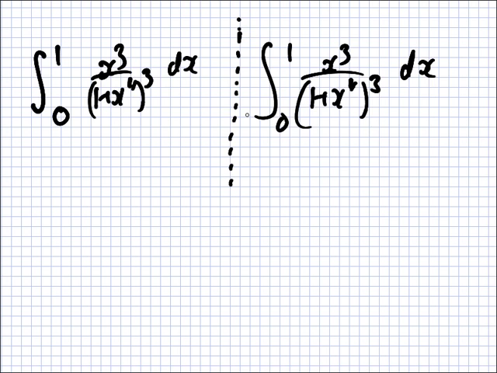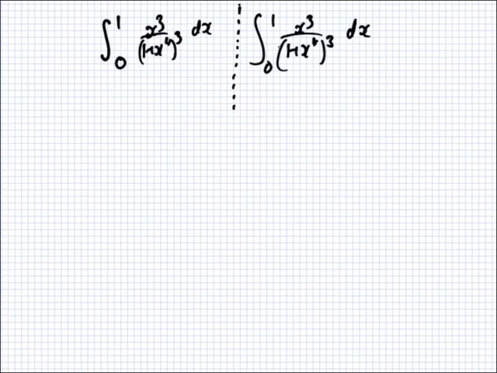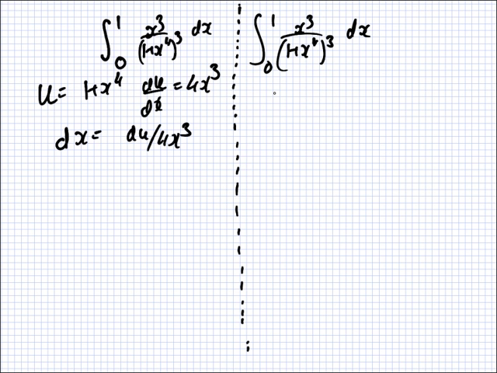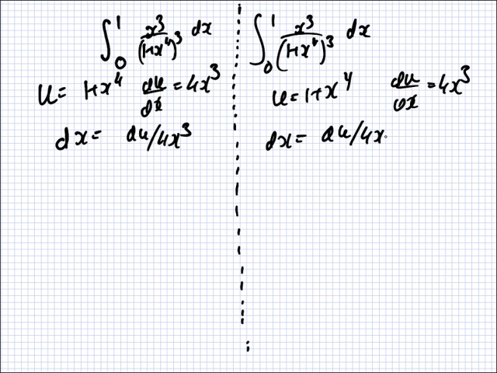Now, I'm going to do this two ways to show you how to deal with the limits. So here we say u equals 1 plus x^4. So du/dx equals 4x cubed. That means dx equals du over 4x cubed.